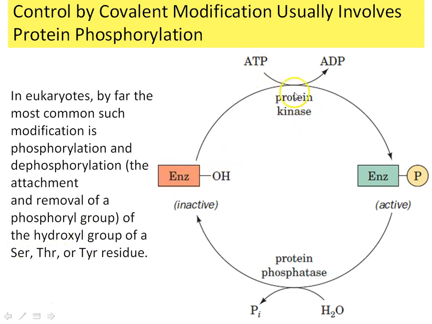And then there is a protein kinase. And if you remember, kinases are enzymes that catalyze the transfer of phosphate groups. So a phosphate group is transferred from ATP to that free OH from one of these residues in the active site, and since the ATP has lost the phosphate, that becomes adenosine diphosphate.